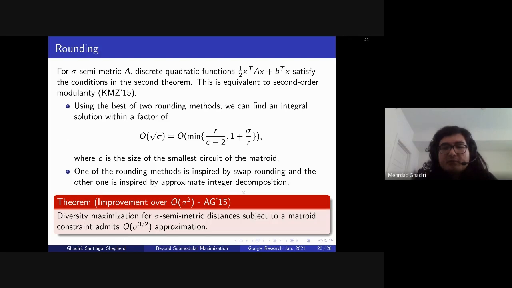I'm going to talk about the rounding methods that we use, which are inspired by two different rounding methods that were used before for rounding linear objectives or submodular objectives.